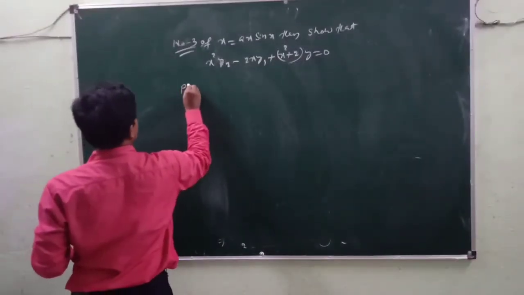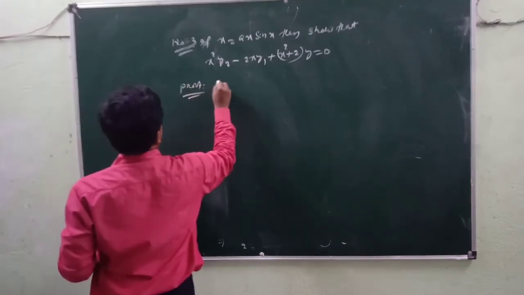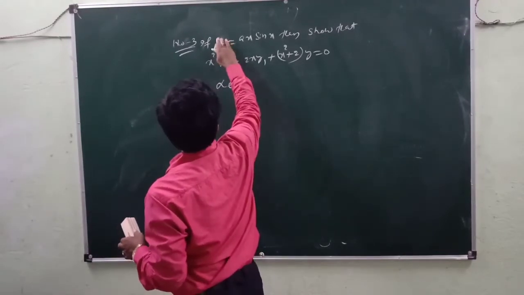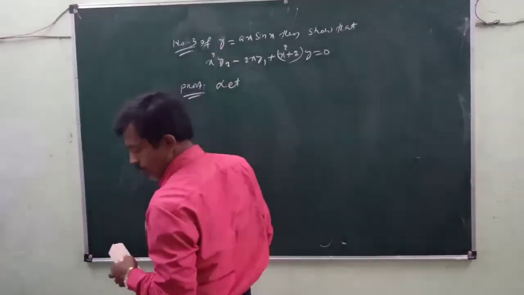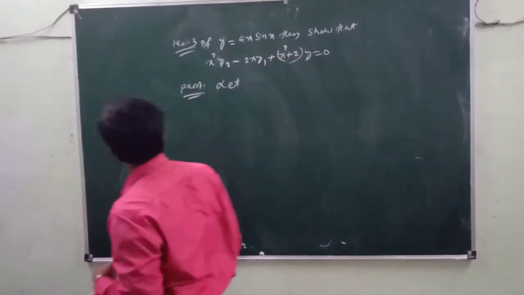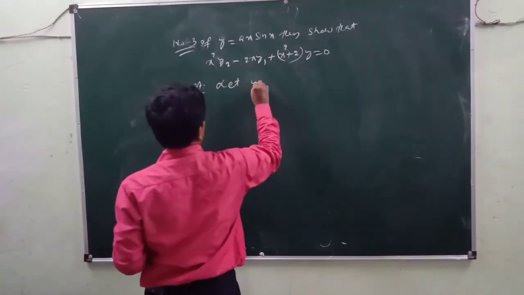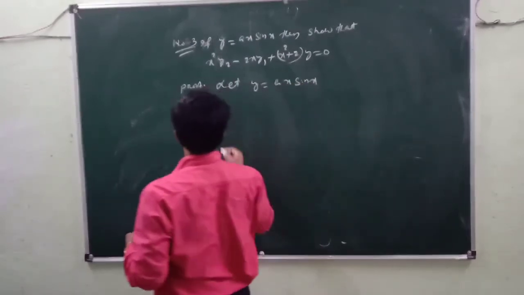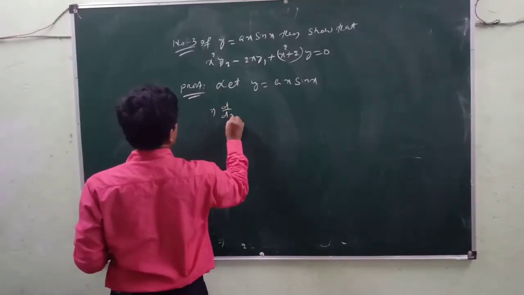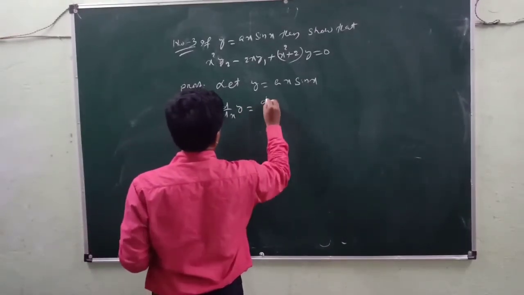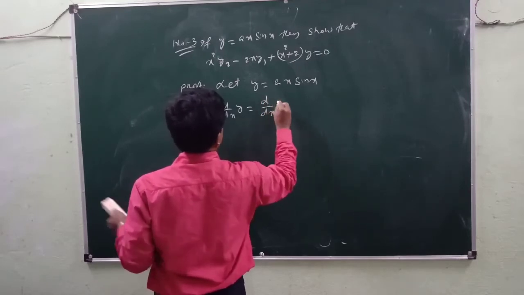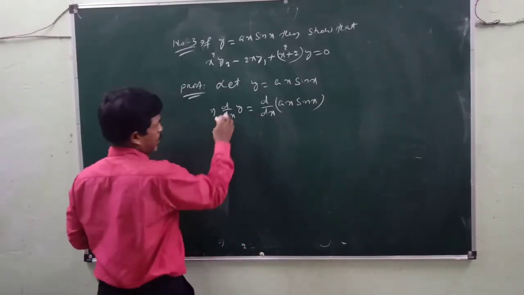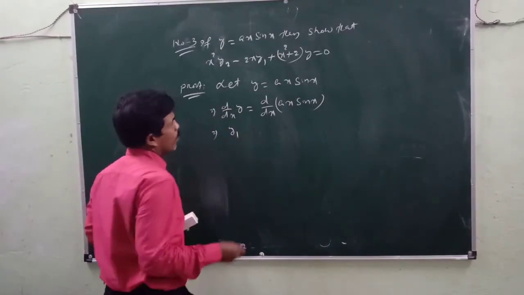Therefore, let y equal to ax sin x, that implies d by dx of y, it will be d by dx of ax sin x, or I write dy by dx, that is y1.